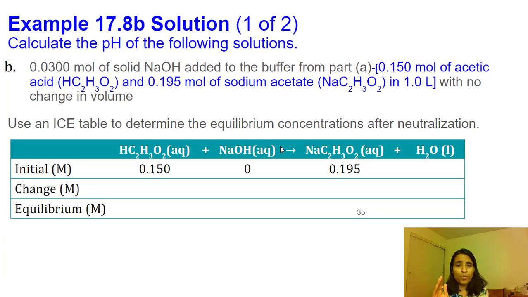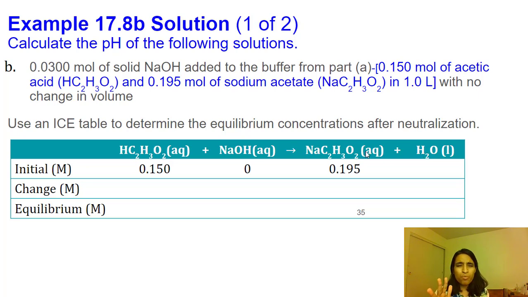Our buffer has both an acid part and a base part. In this particular case, we are adding sodium hydroxide, so we are going to have the sodium hydroxide react with the acid part of the buffer, which is why this reaction has acetic acid plus sodium hydroxide, and then we see what products we get.